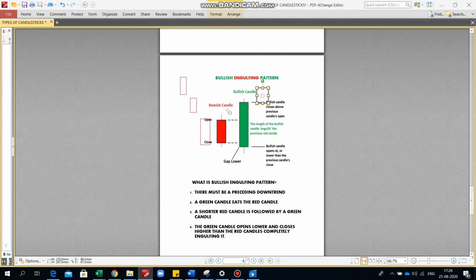You can say this red candle is a kid and the big green candle is a father, and the father is hiding this red candle completely behind him. Okay, right. And the next candle closing above this is a sign that we can go and enter in that candle, and we can take a trade for an uptrend.